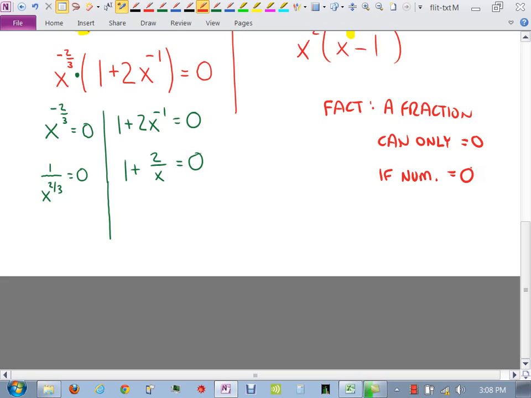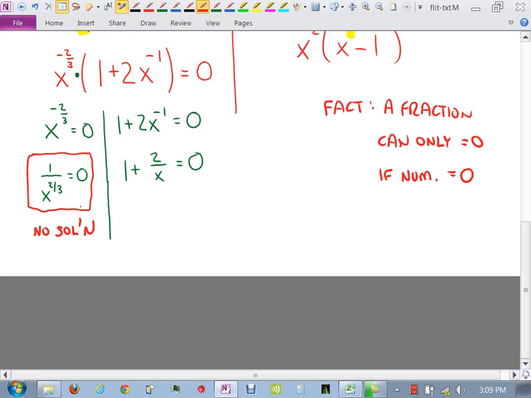So when you look at this fraction over here on the left side, the only way that's going to happen is if the numerator is 0. But the numerator is 1. So what does that mean? Is 1 equal to 0? No. That means there's no solution to this equation over there.